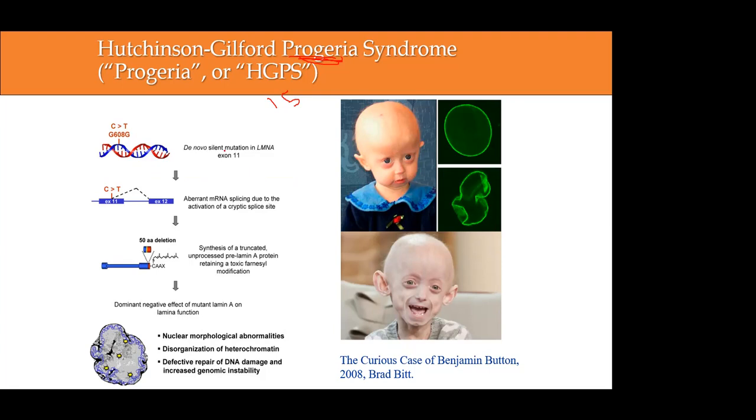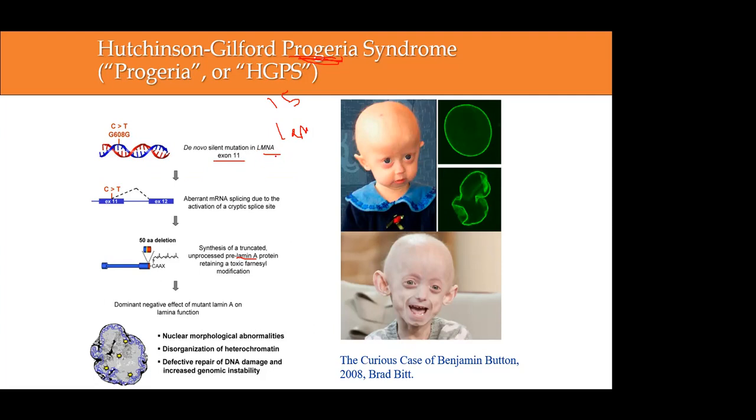Usually, you would have a mutation in something called LMNA, or sometimes we call it lamin. You can see this is lamin A. So lamin A, or LMNA, has different exons, and the problem is going to be a mutation in exon 11.